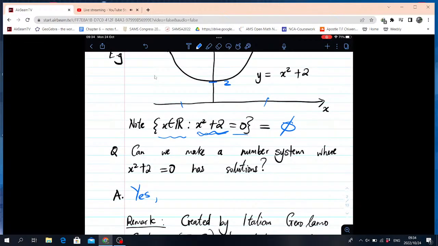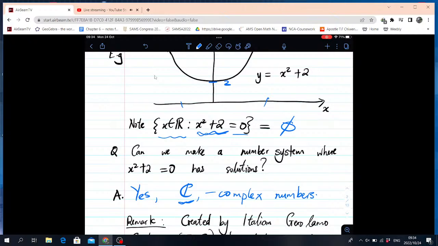And the answer is yes. What we actually have is this set denoted by that, which is the complex numbers, right? So this is one of the reasons why we need complex numbers.